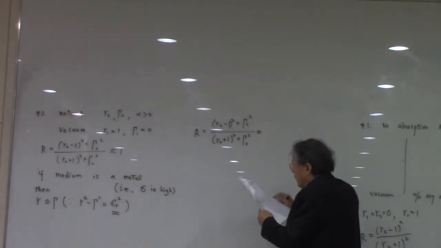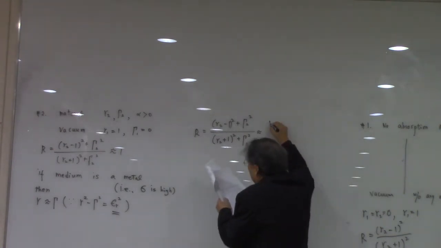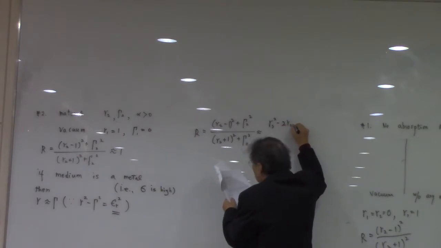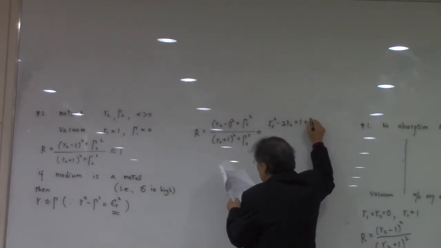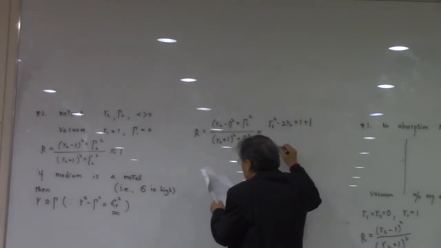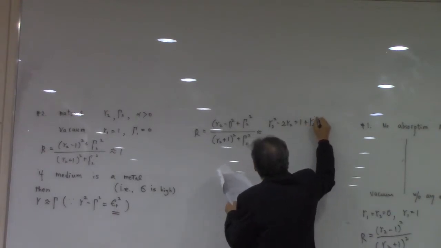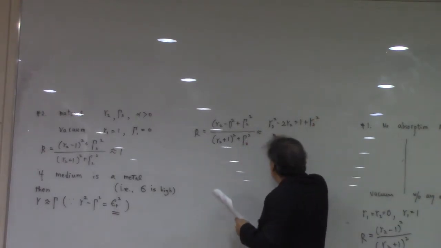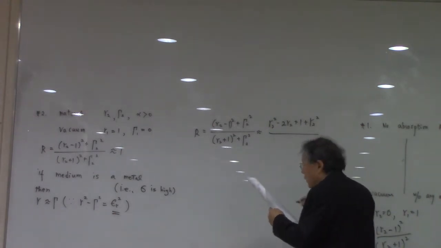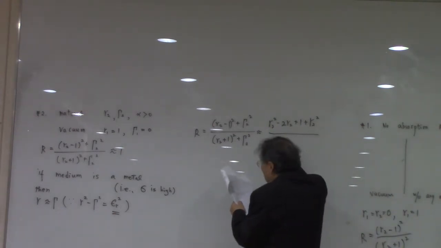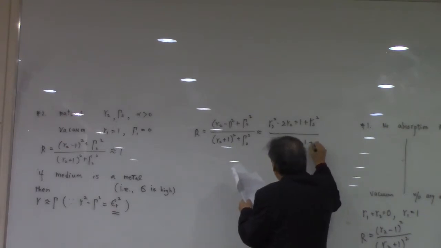And this is approximately equal to, because gamma is equal to R here, R2 square plus 2R2 plus 1 plus R2 square.